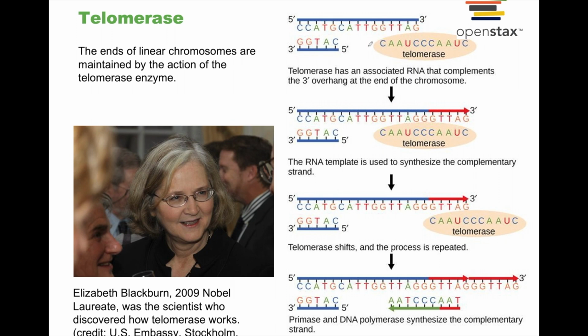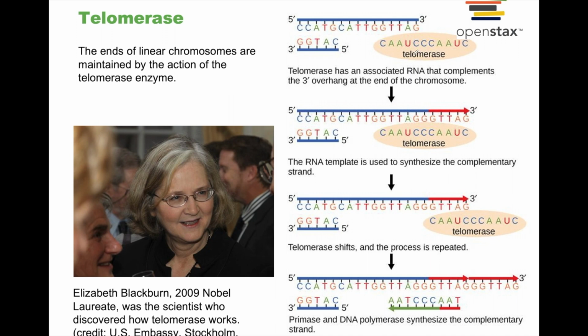Now, the ends of our DNA molecules have repetitive sequences that are very characteristic to the ends of the DNA molecules. And that end sequence is complementary to an RNA that is part of telomerase. So telomerase comes in and fills in these ends that have been left hanging.